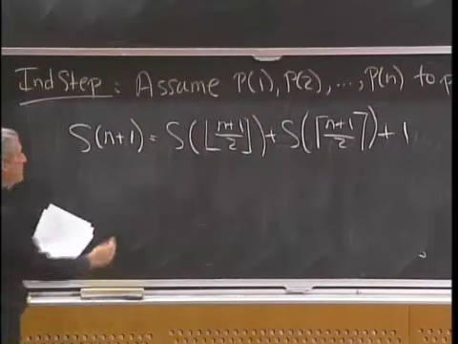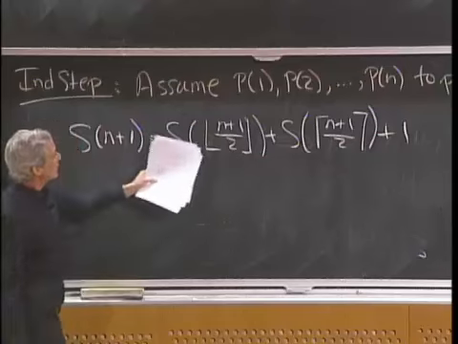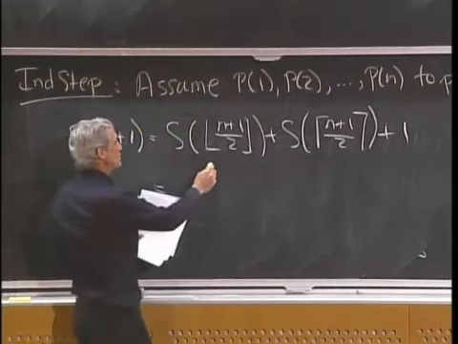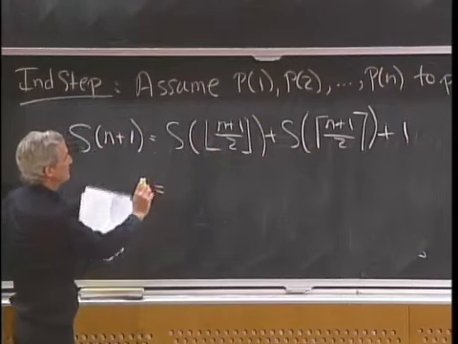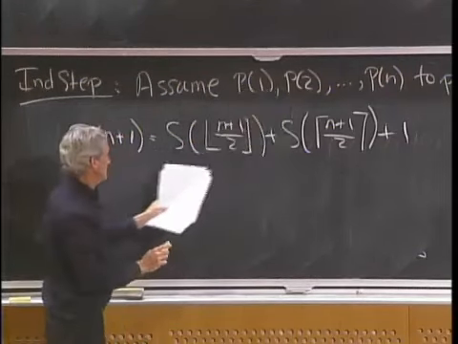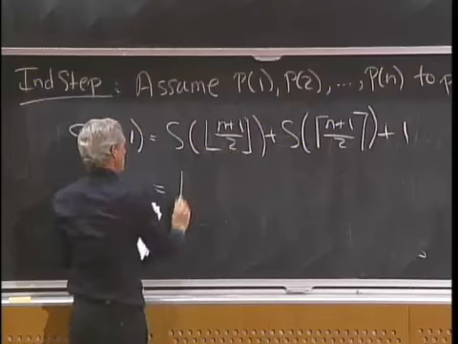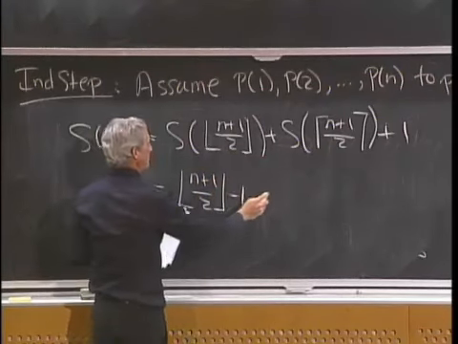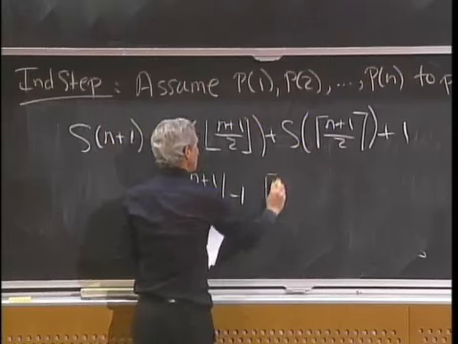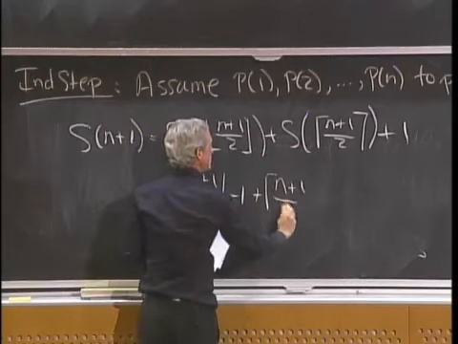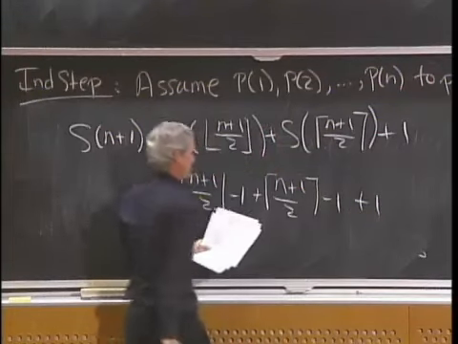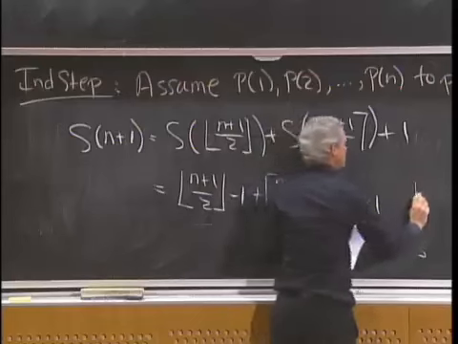Now, I don't know what these are exactly depending on whether n is even or odd, but first let me plug in using the induction hypothesis. I know that this is n plus 1 over 2 minus 1. This is ceiling of n plus 1 over 2 minus 1. And then I carry the plus 1 down. That's by the induction hypothesis.